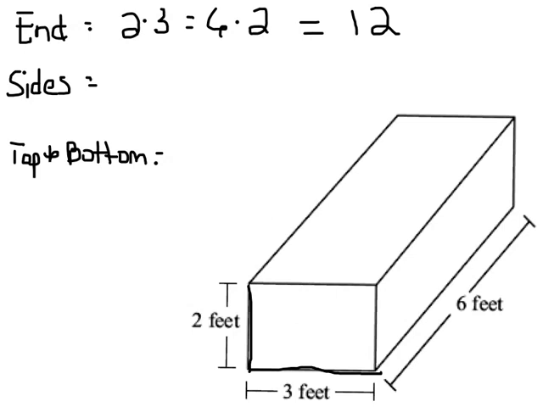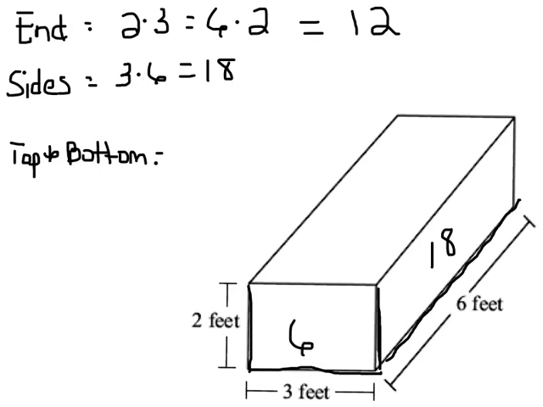For the sides, we know that the height is 3, the length is 6. So I'm going to say 3 times 6, which is 18. So this one is 18. And the one back here that you can't see is also 18. So 18 times 2 is 36.